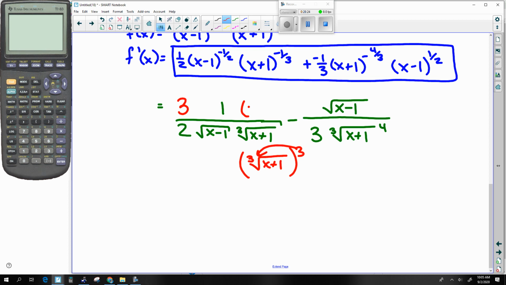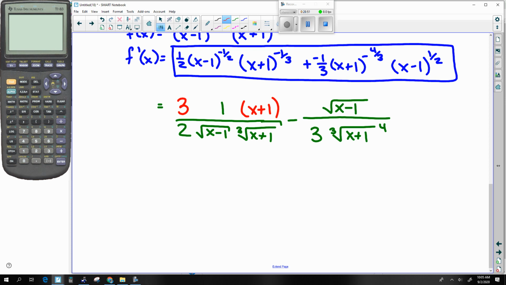So what this needs is just a quantity of x plus 1. If I add 3 more of those, that would be an x plus 1 to what's already there, and that would leave 4 of them altogether, so that's to the 4/3. Okay, so that's what the left-hand side needs.